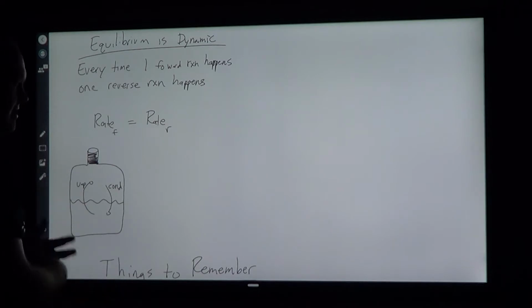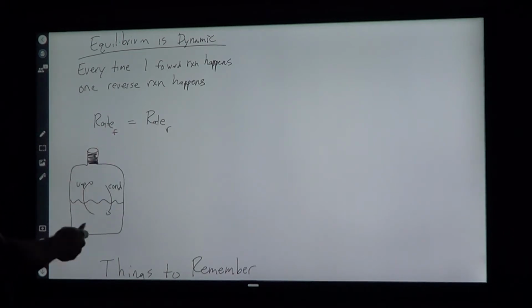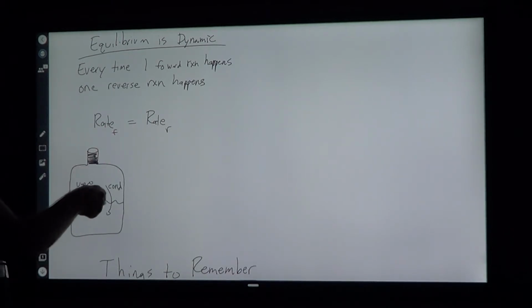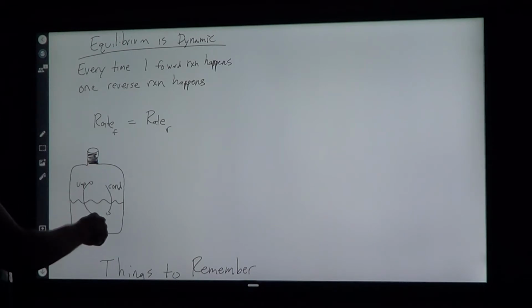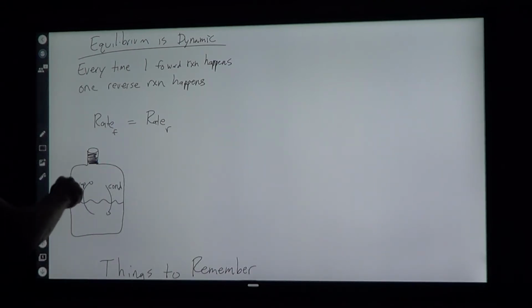You still have chemistry happening, and it's very similar to what we talked about earlier with if you have a jug with water in it, the water is constantly evaporating, but every time one evaporates, another one from the vapor condenses. So to our eyes, it looks like the volume is not changing and there's nothing happening. But in reality, it's constantly cycling, and that's the same thing for any chemical reaction.